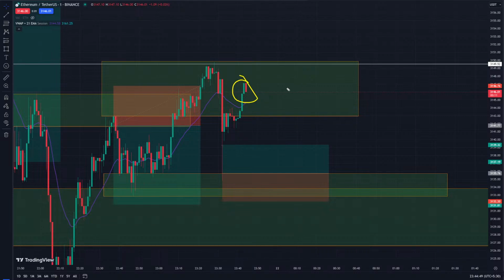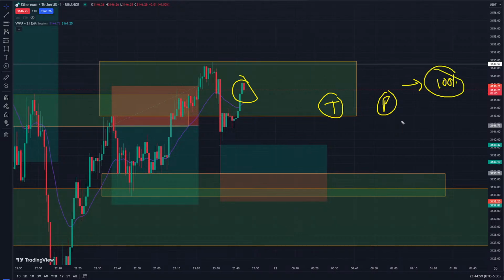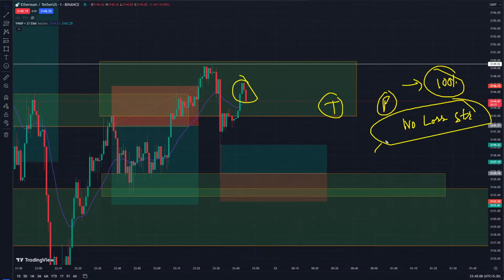And let me tell you, trading is all about probability. There is no single strategy on the planet which is 100% accurate, and there is no no-loss strategy. Many people try to sell you a no-loss strategy, but there is nothing like this on the planet.